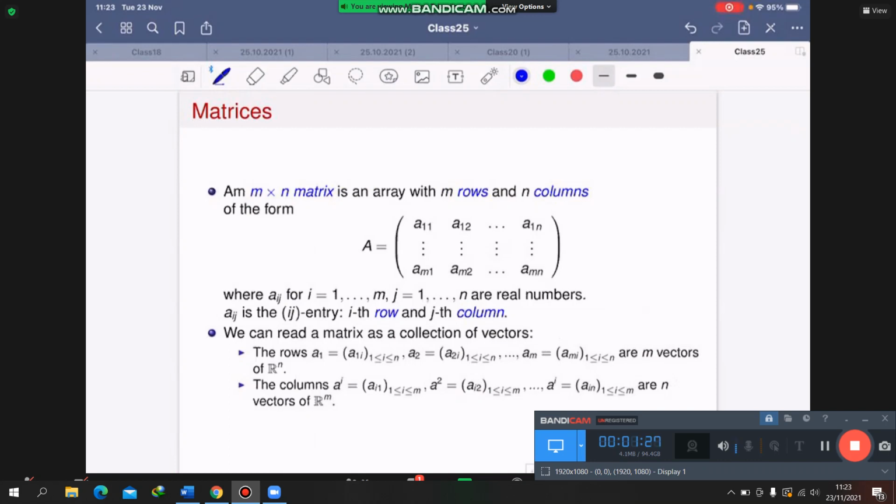In an m by n matrix, the rows are vectors of R to the n, and columns are vectors of R to the m, vectors with m entries.